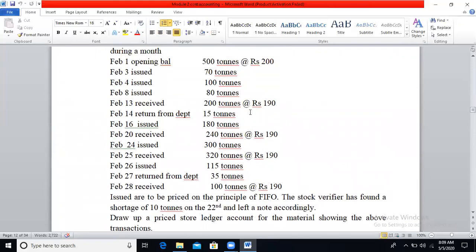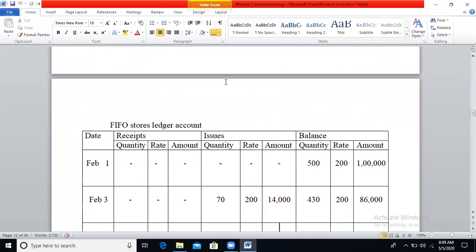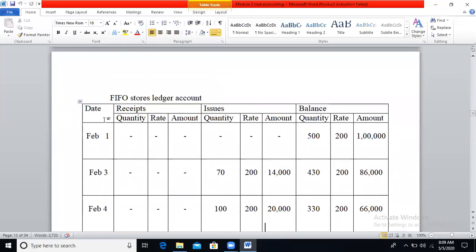February 3rd, we are issuing 70 tons. So February 3rd, this is an issue. How many quantities are we issuing? 70 tons. So this should be issued from the first quantity or first purchasing price prevailing in the balance column.